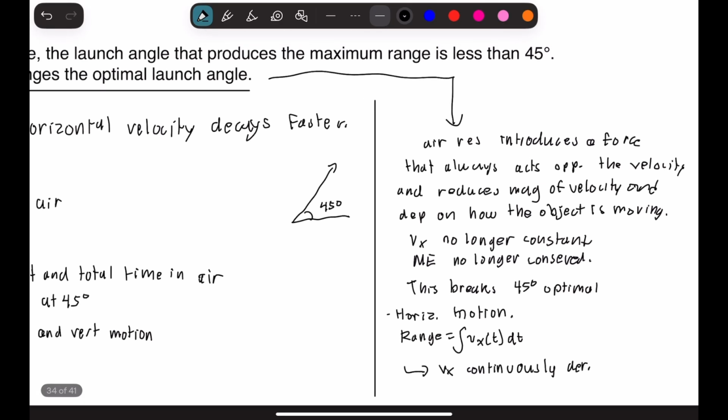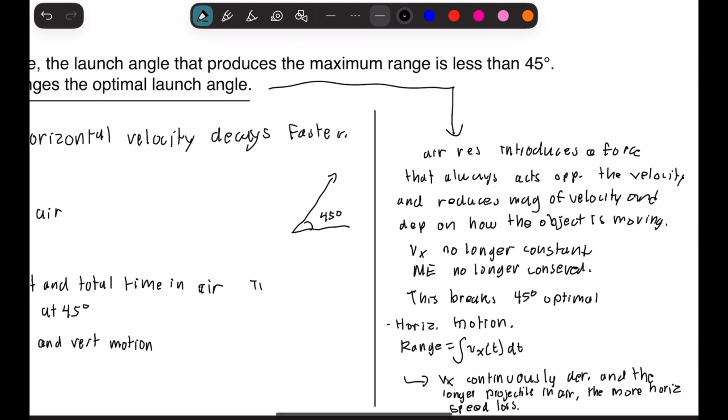And we know that the longer the projectile is in the air, so then that means that time in air is bad. It's a disadvantage. So now we can see that.